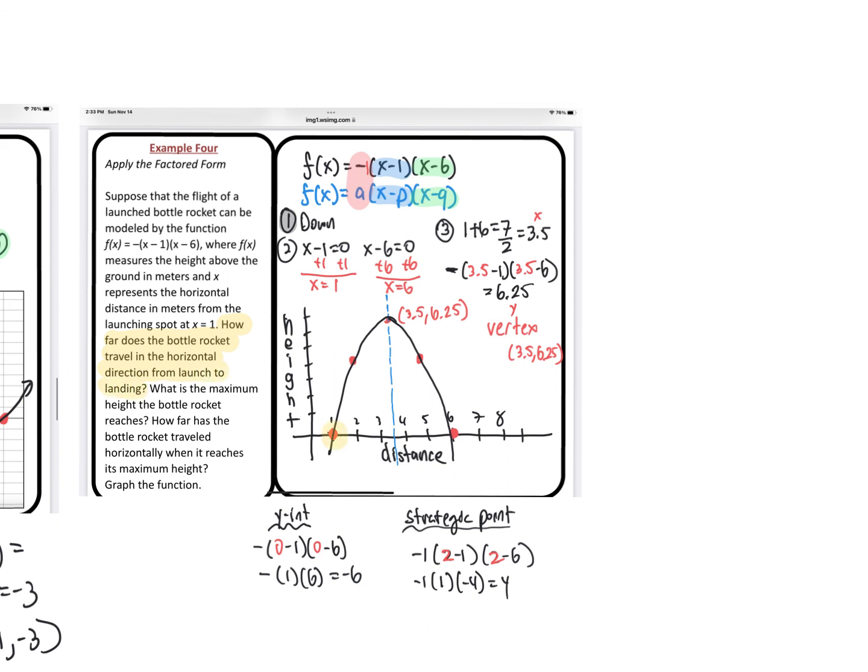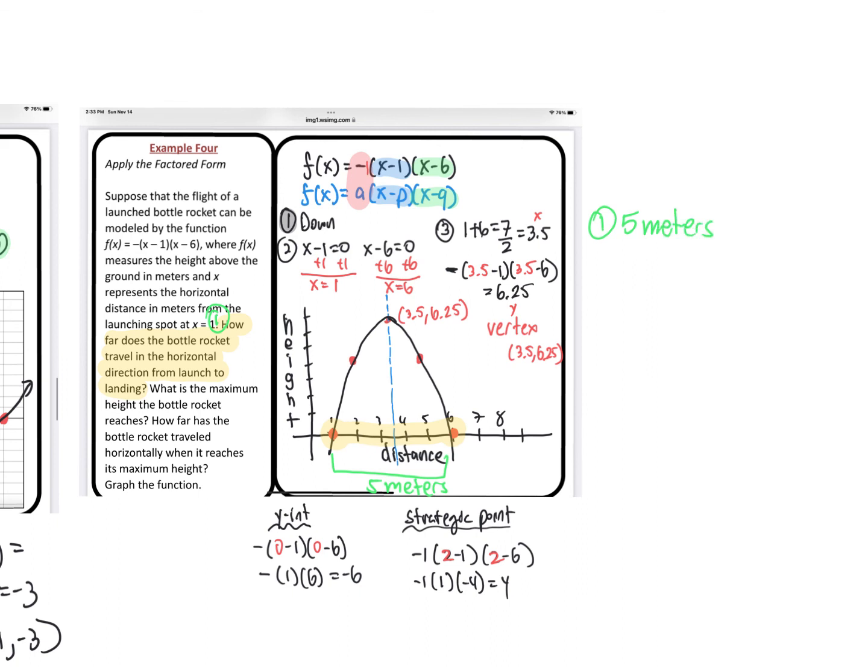We can see it's launched right here and it lands right here. So pretty straightforward, even counting spaces, we can see that it has gone 5 meters. So the first answer is that it has gone 5 meters.